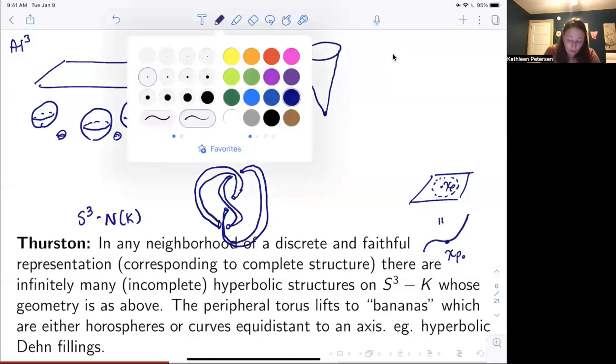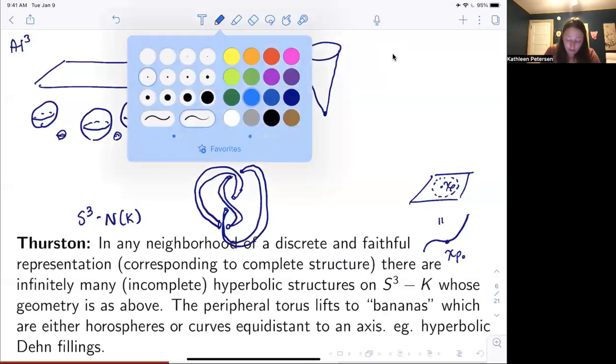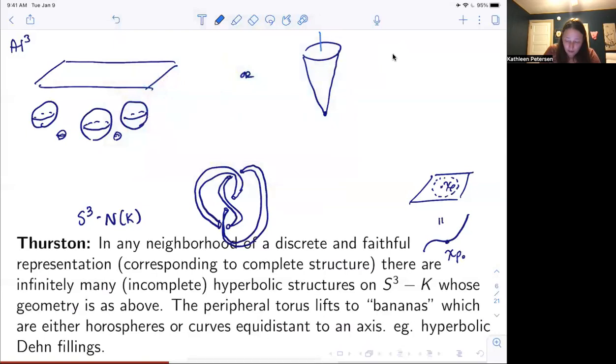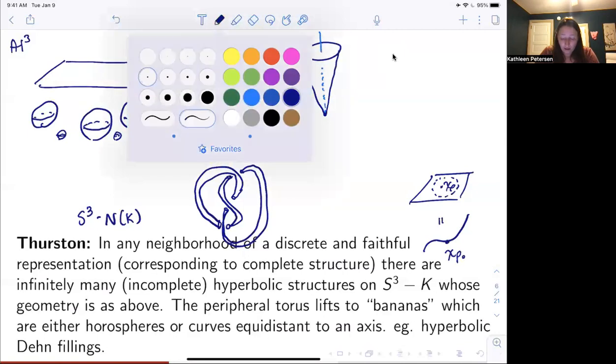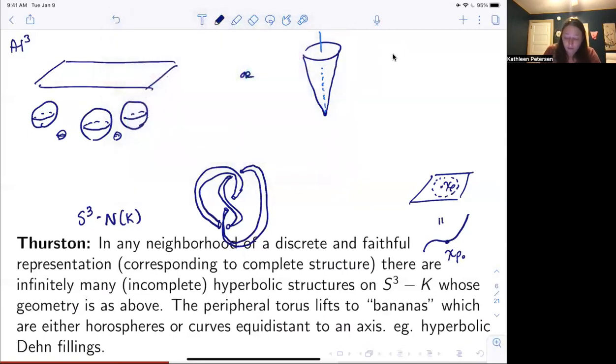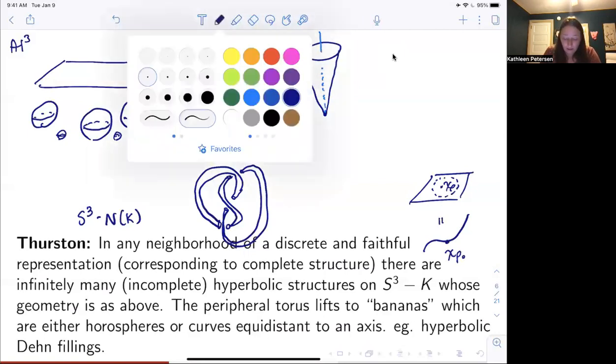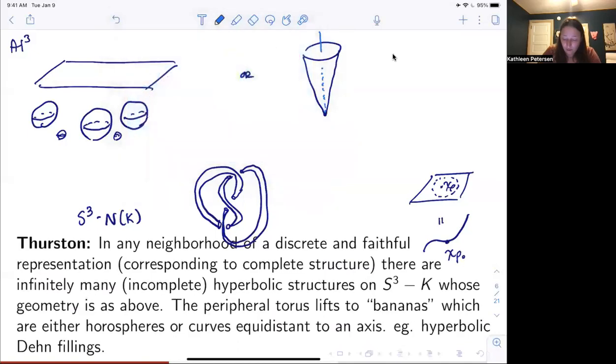And we can draw in a hyperbolic geodesic in the center of the banana and realize this banana, in hyperbolic terms, as a surface that is equidistant to this geodesic. So other bananas, first I'll maybe draw their geodesics.